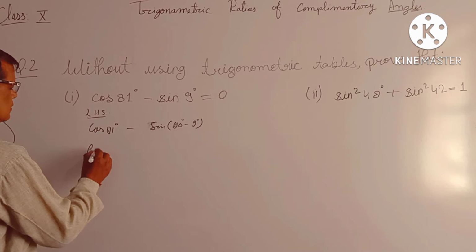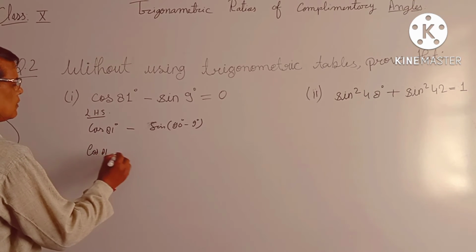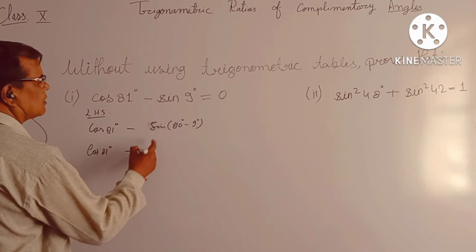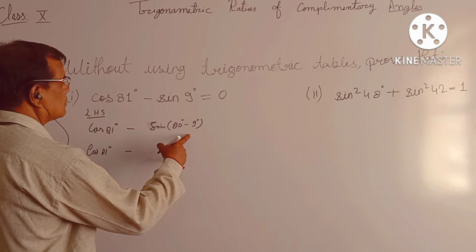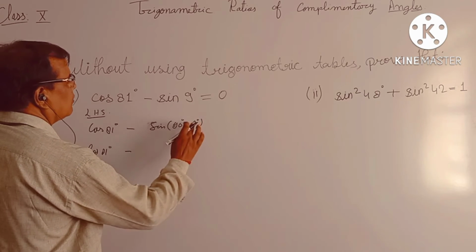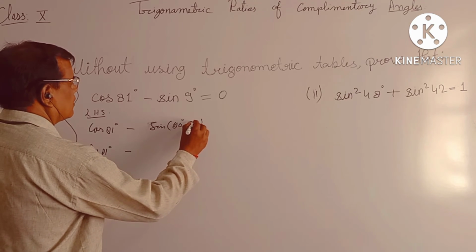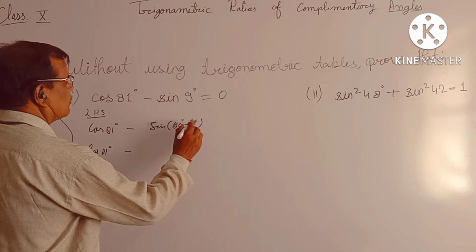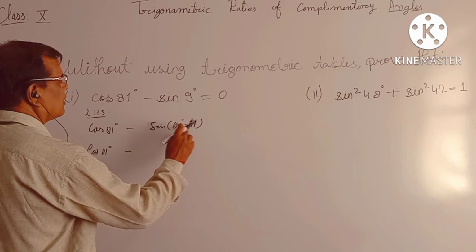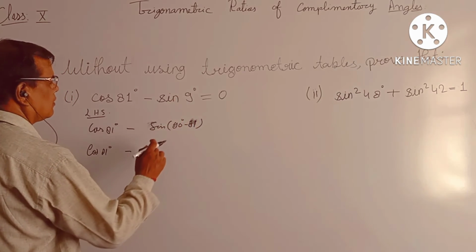So cos 81 degree minus sin 90 minus 9. Here is 9 only, so we will write here 81, since 90 minus 81 is 9.